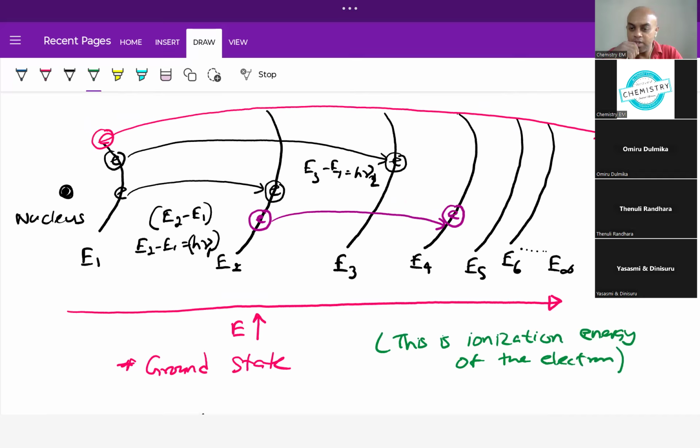This is ionization energy of the electron. Next bullet point.